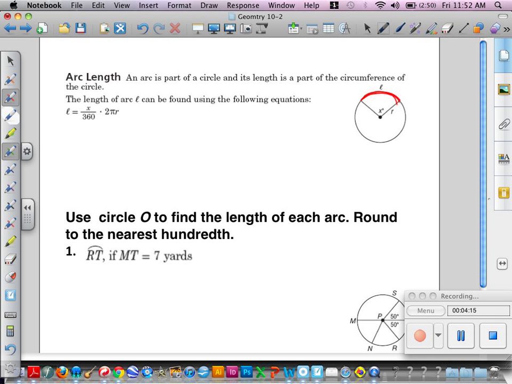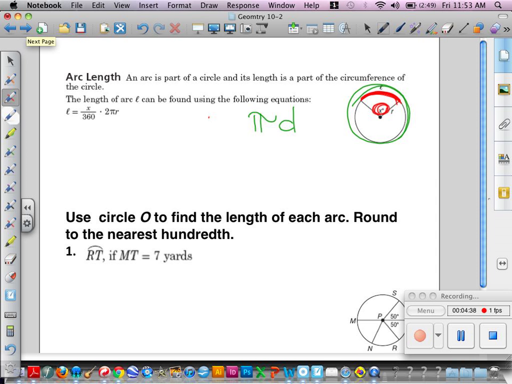If you're going all the way around the circle, guys, that would be the circumference, right? To find the circumference, pi d is your circumference. This time, I don't want the whole circle. I only want a fraction of the circle. I want this fraction of the degrees.